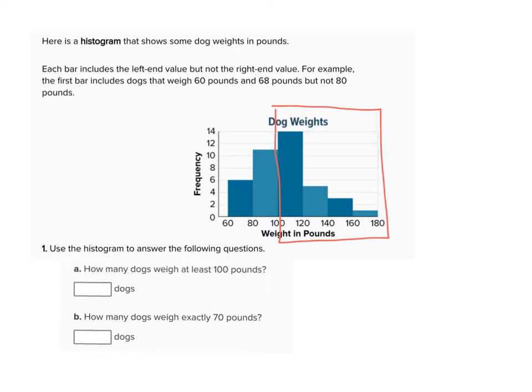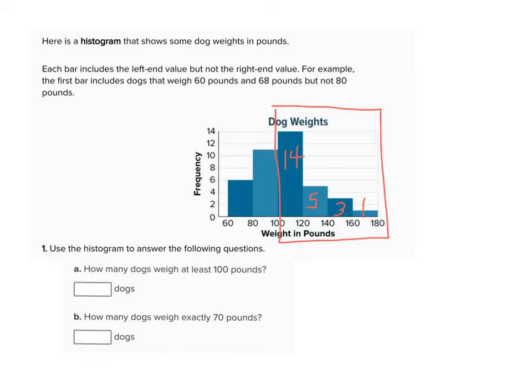Well, I can look at those and I can see that the first bar is 14 high. Goes all the way up to the top. The second one, if I take a look, it's between 4 and 6. So it's 5 high. The next one, if I take a look, is between 2 and 4. So it's 3 high. And the last one is between 0 and 2, and it's 1 high.